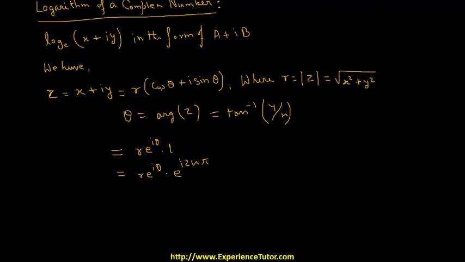We can write 1 as this, e to the power i 2k pi. Why we have written this?